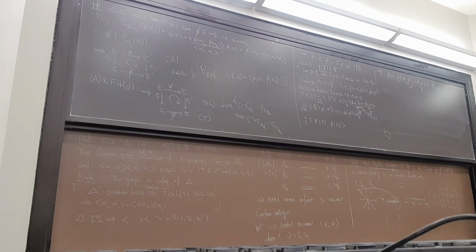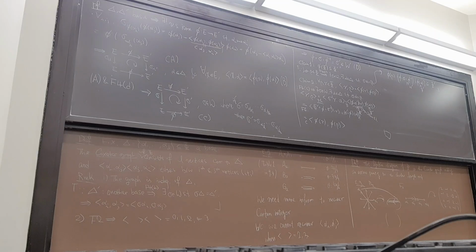Exercise 9.1 is that if E prime is a subspace of E, and if sigma alpha of E prime is contained in E prime, then alpha is contained in E prime or E prime is contained in P alpha, the reflection hyperplane. Proof of the exercise.